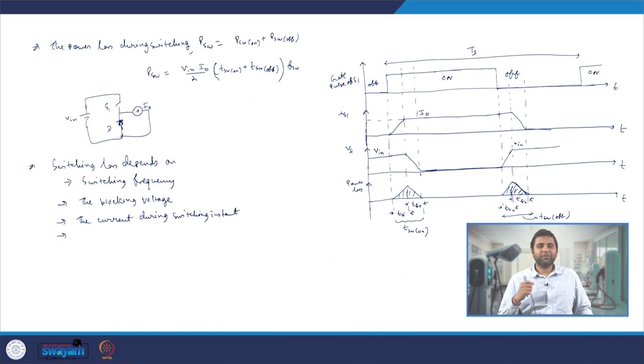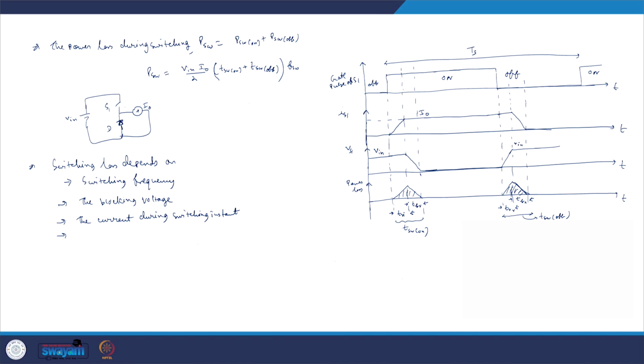So during turn on, we have to take the current as I naught minus delta IL by 2, and while turning off, it has to be I naught plus delta IL by 2. That ripple has to be considered for the exact calculation. However, roughly, if the ripple is very small compared to the average value, we can neglect it.